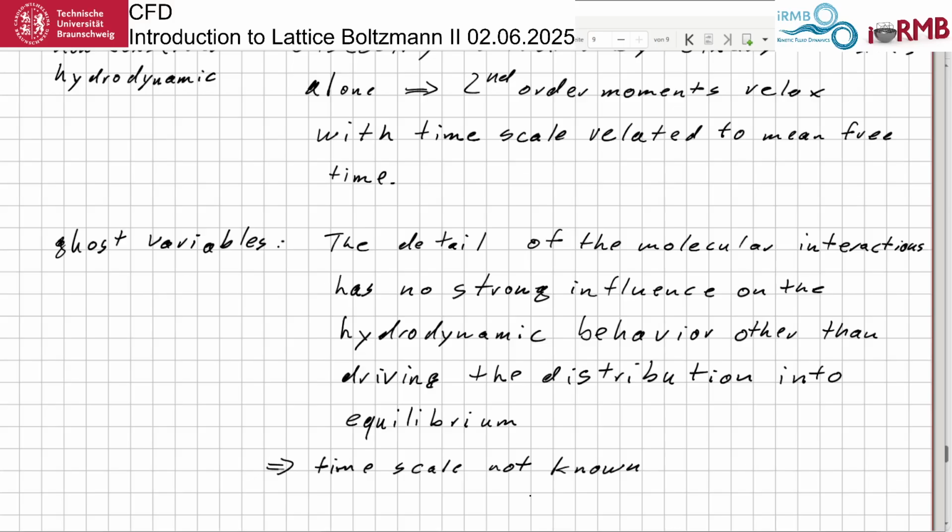So if there's no way to measure it, then it probably doesn't matter. Yeah. So you could say that's probably not relevant. And in reality, just because you cannot measure it does not mean it cannot be measured. So it can have an influence, but it does not have a strong one.